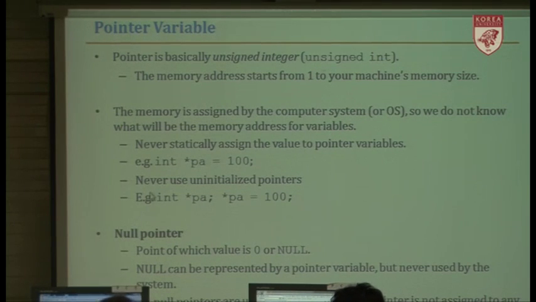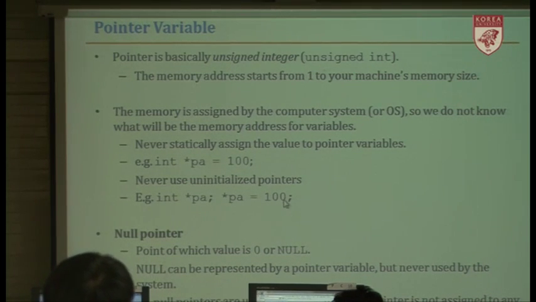I think you're going to understand the difference between this statement and this statement. In this statement, pa's value is 100, because int * is the data type, so pa's value is 100. However, in the other one, pa's value is random. Instead, *pa's value is 100.